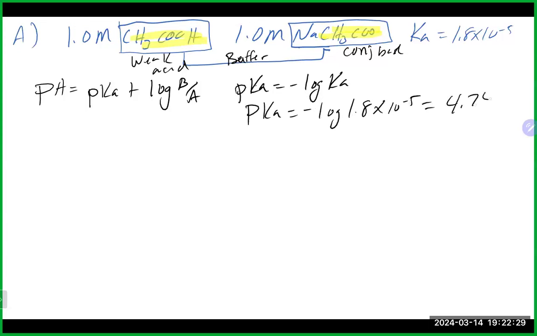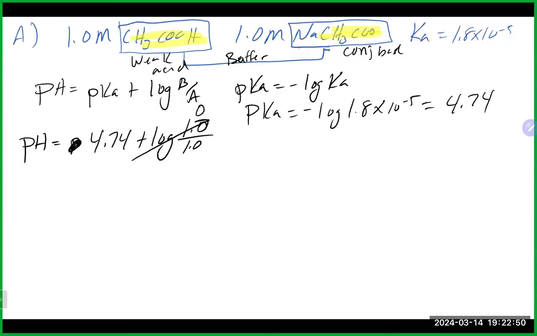There's that magical 4.74 number that always seems to pop up when we talk about buffers. That will go into our equation: pH is equal to 4.74 plus the log. In this case, the base is 1 molar and the acid is 1 molar. As we talked about a second ago, that's going to give you a 0 because that's the log of 1, which means our pH for our buffer will be 4.74 for this particular one.